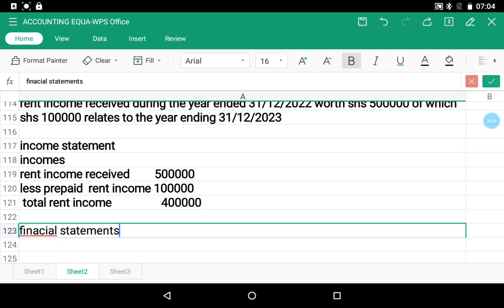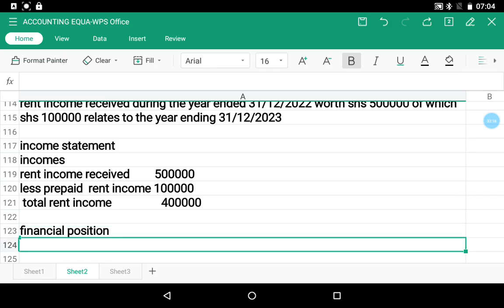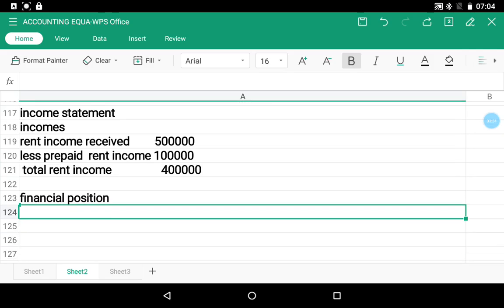When you talk about financial position, of course, this income, you have received it, but you have not worked for it.